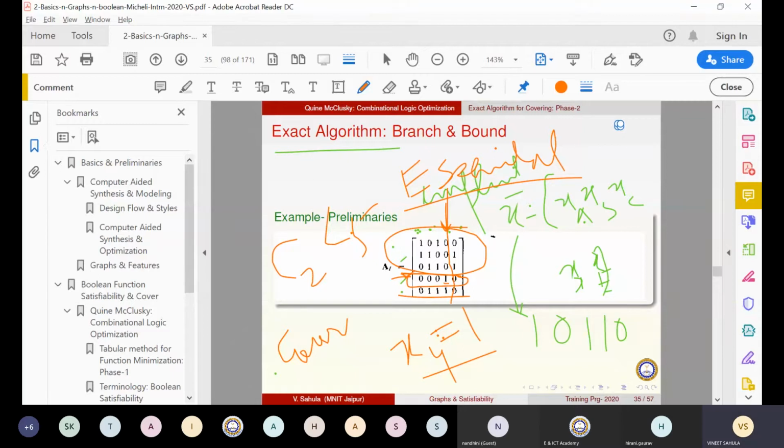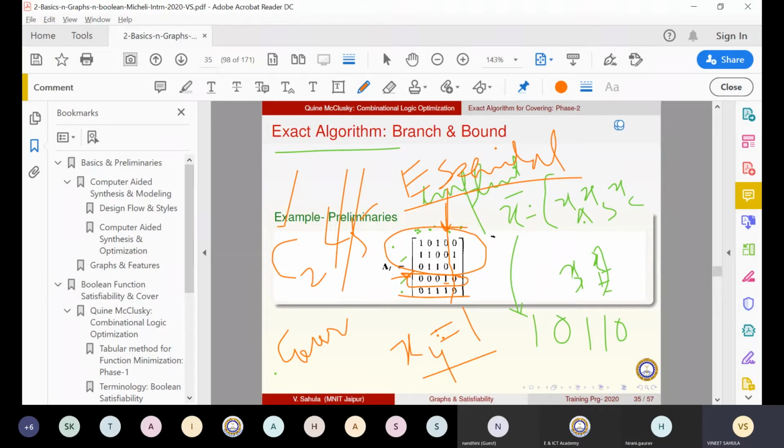The powerful one is C2 because it covers one more. So we can drop C5 in favor of C2 because C2 is richer. It has 3 ones. C5 has only 2 ones, and they have common ones actually. So this is called dominated column removal. Is that okay?